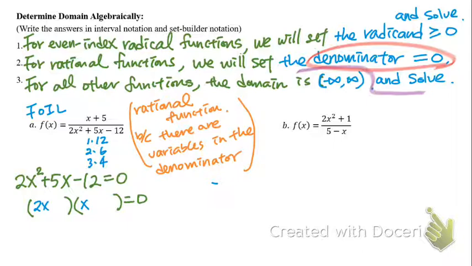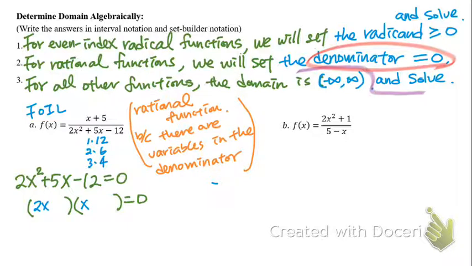I can't just say, oh, I need to find the pair that adds or subtracts to equal 5. In fact, none of them will make that happen. But because we're doing the backward FOIL, we're going to find the pair that when we do the O and I will give us a 5. So it takes trial and error.